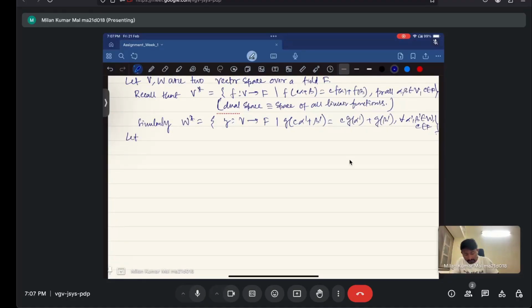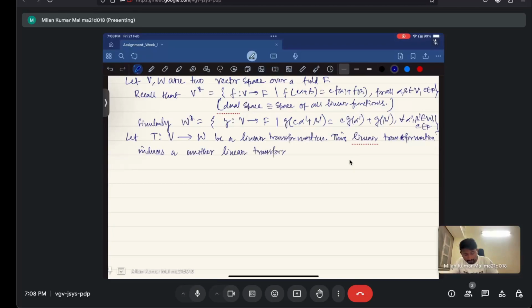Then let T be a linear transformation from V to W. This linear transformation induces another linear transformation, called T transpose, from W star to V star.